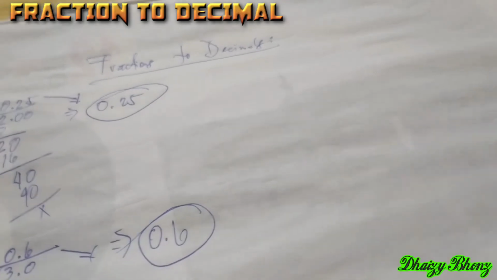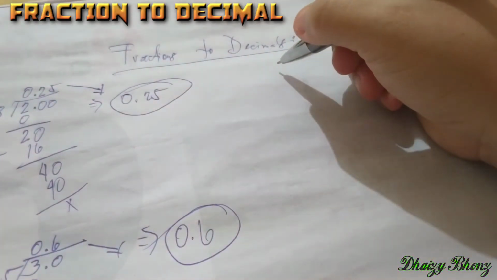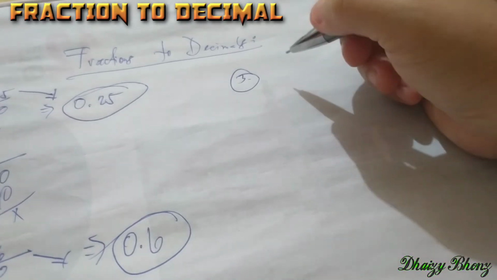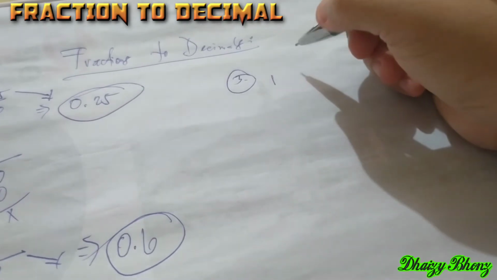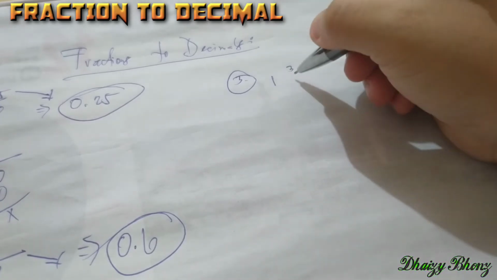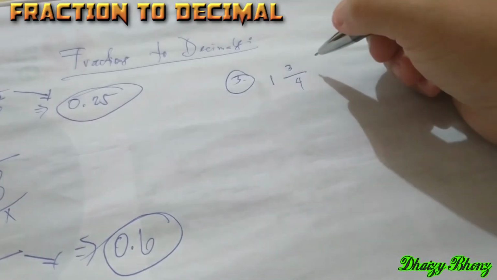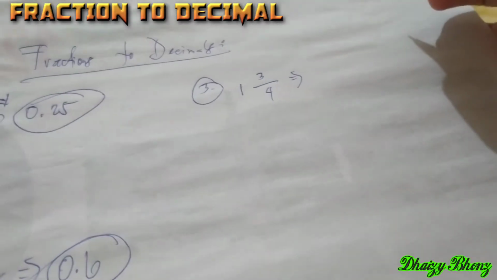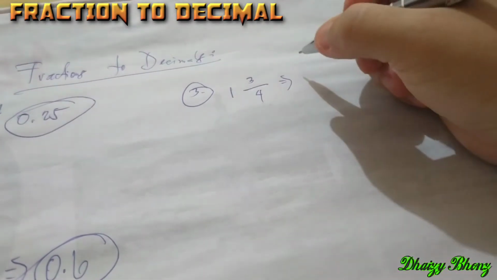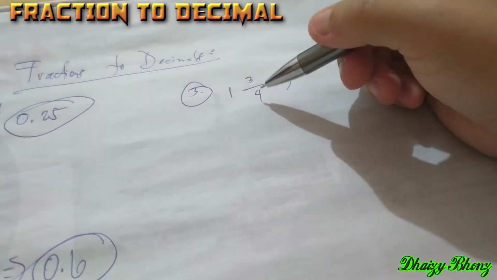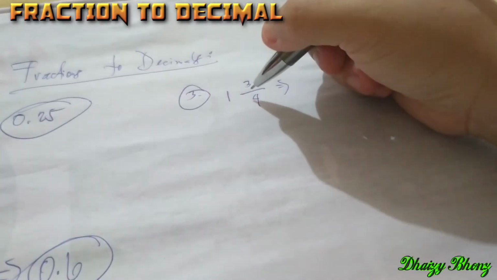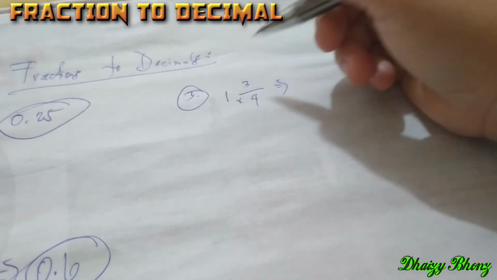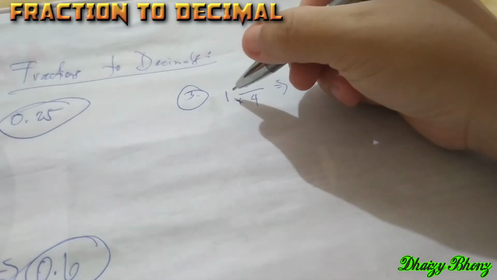How about, teacher, if it looks like this. Okay, for example, number 3. 1 and 3/4. Okay. We have 4, it's more easier like this. 4 times 1, multiply. 4 times 1 is 4, right?